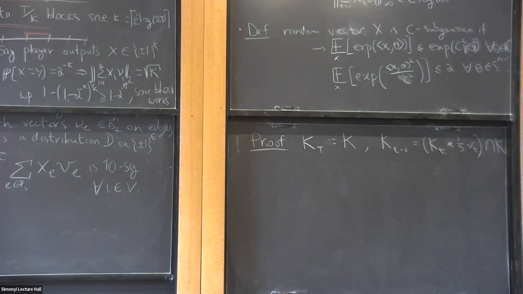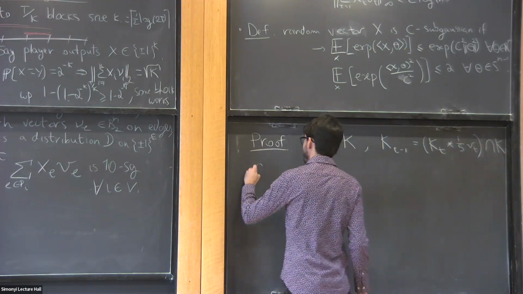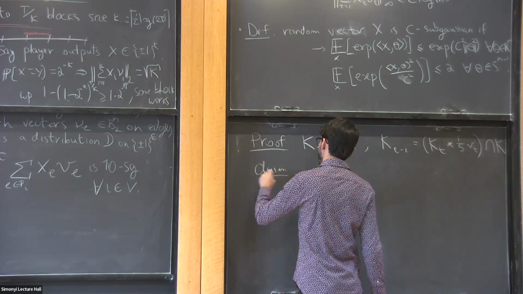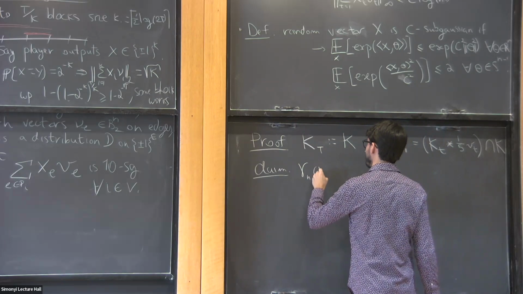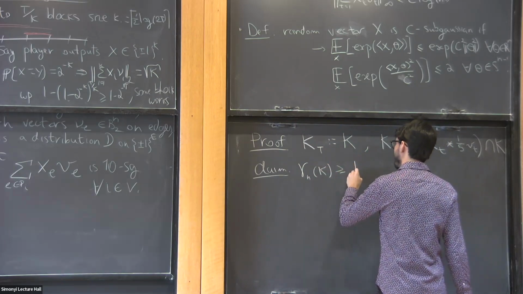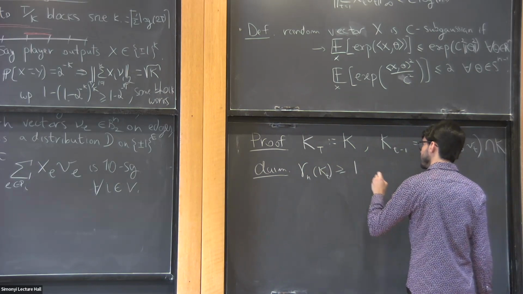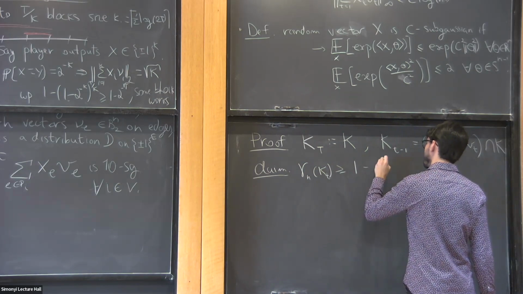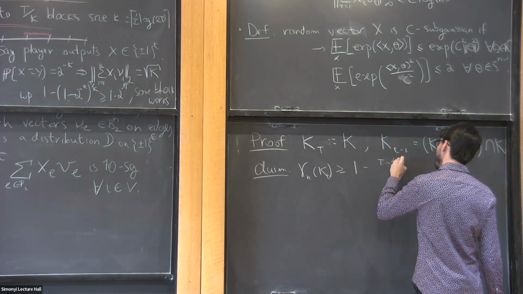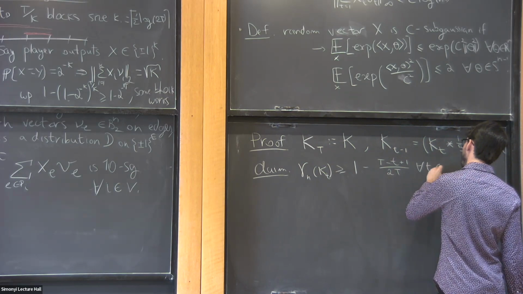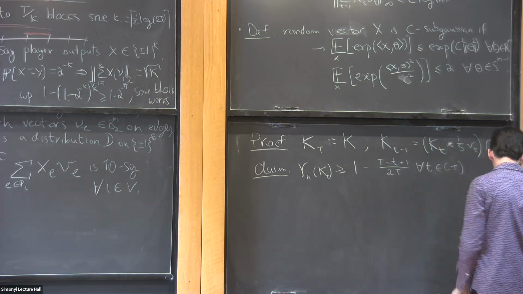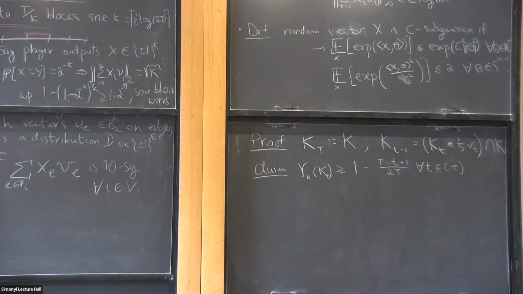It's not clear at all why you do this. It's a very nice idea. So the claim is that all of these convex bodies have large Gaussian measure. So let's try to understand this.